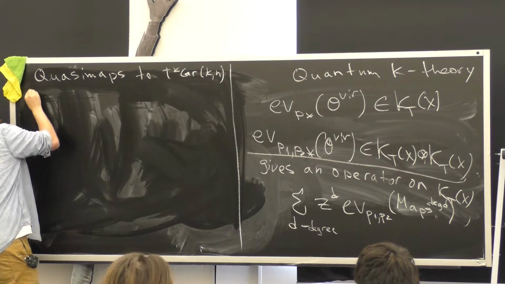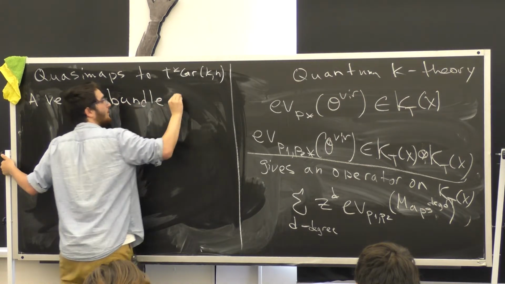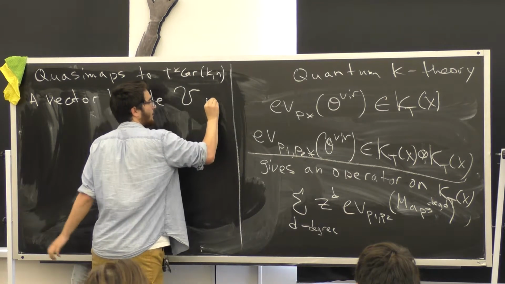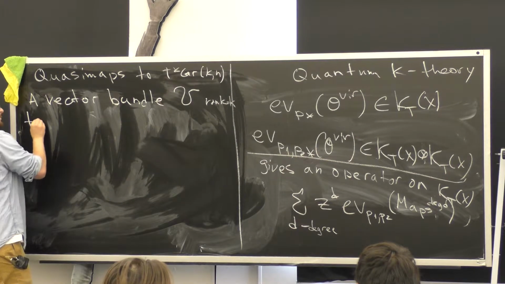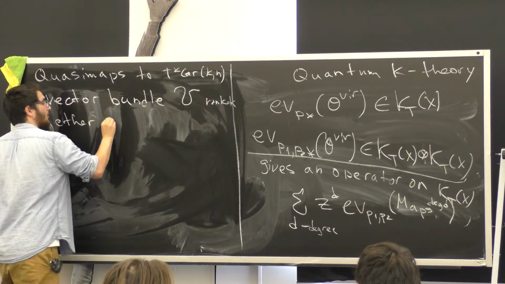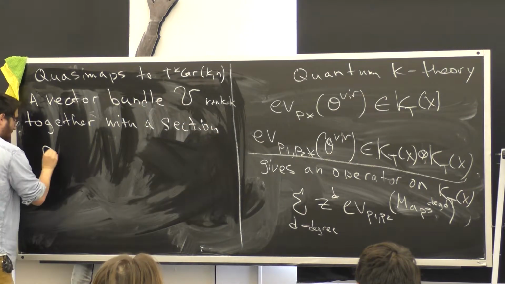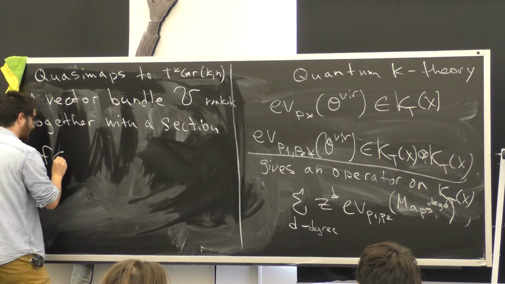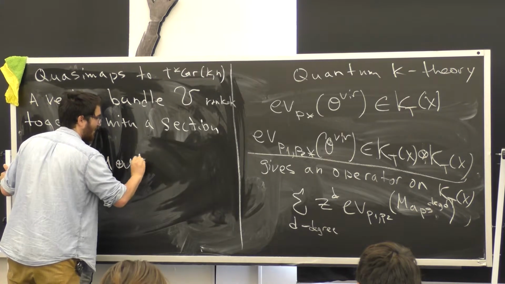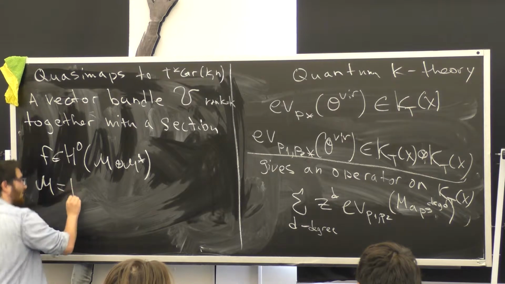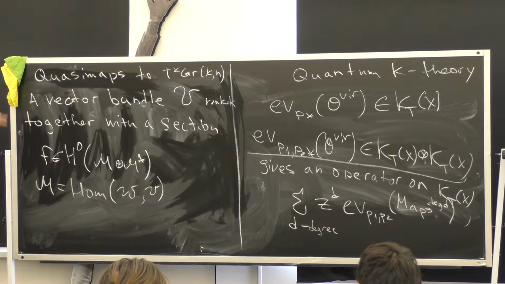This is a vector bundle V of rank k, together with a section F, but it's not a section of V. It's a section of M plus M star, where M is Hom from W to V. This is unwrapping.